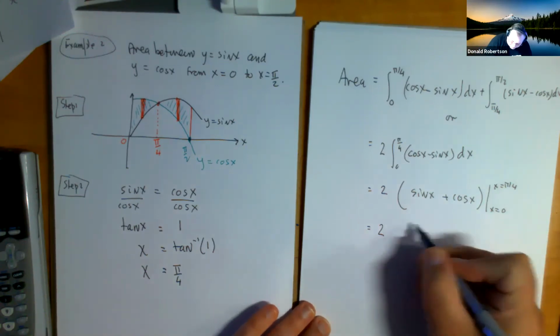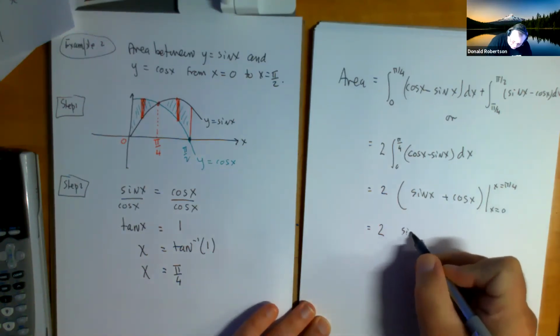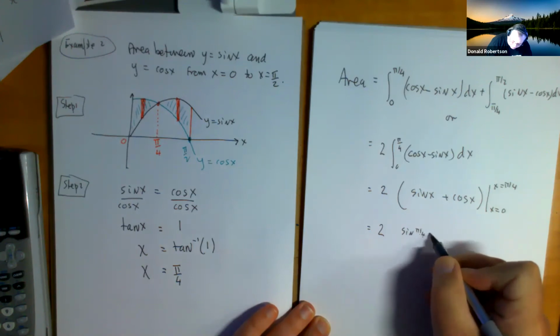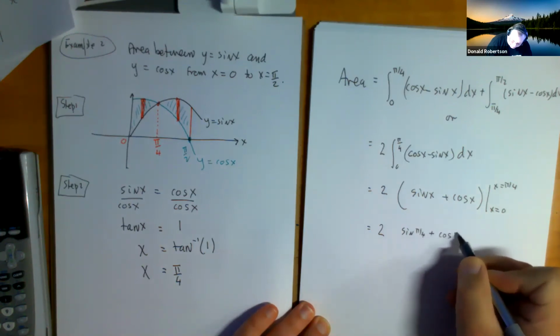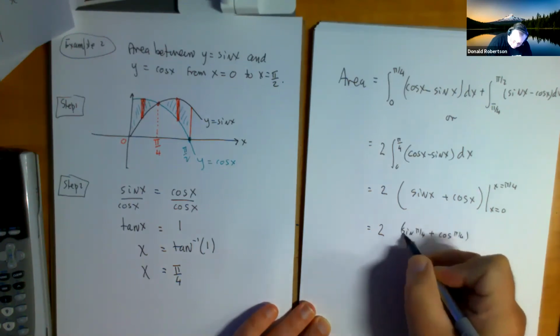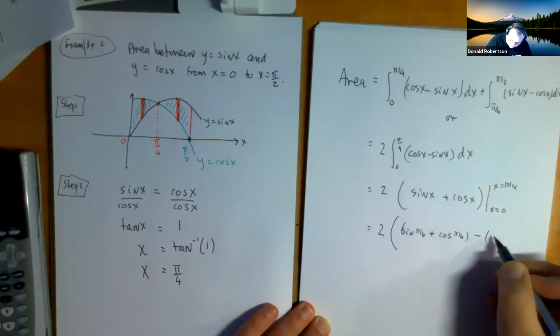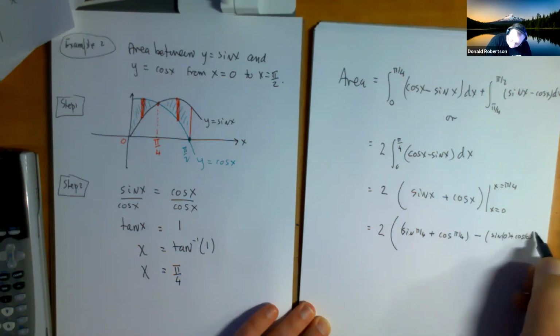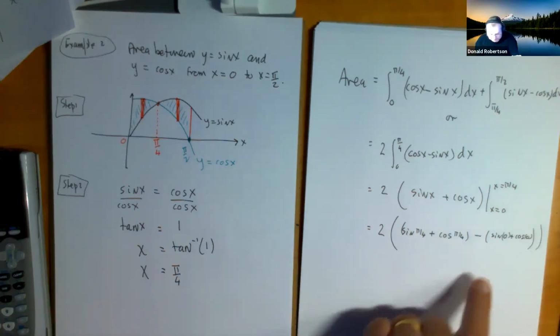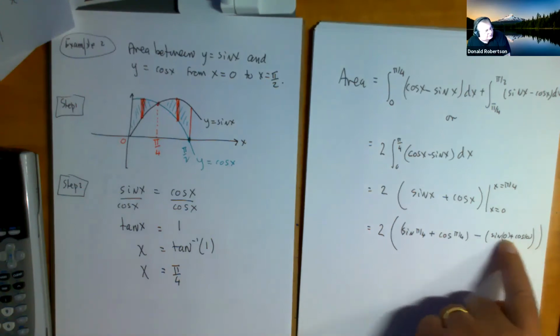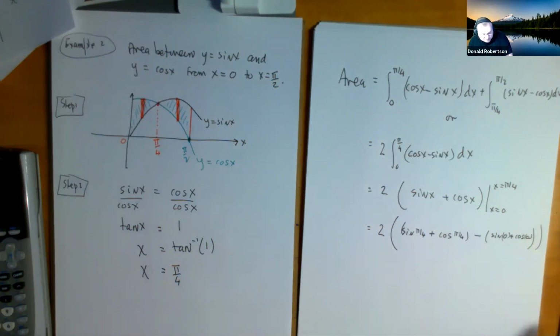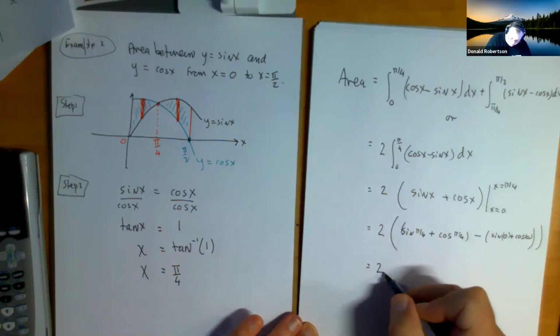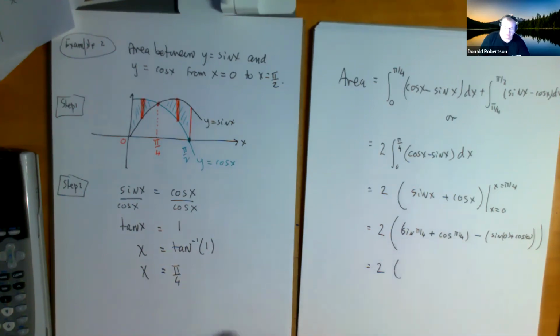Now, you're going to find the sine of pi upon 4, add the cosine of pi upon 4, and then you're going to take away the sine of 0, add the cosine of 0. And the reason I wrote this down is that that isn't 0. This actually has a value. But let's do the other ones. The exact value.